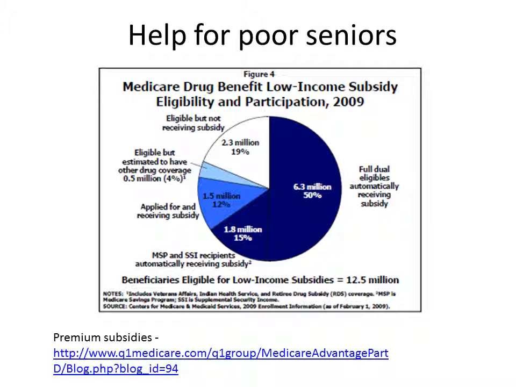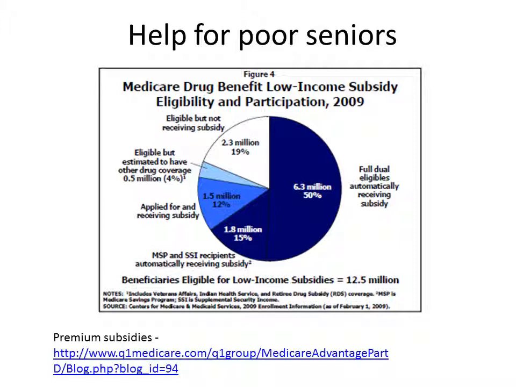Then there are people who apply for the subsidy, and then they're going to receive it. What's different between them and the dual eligibles is that they are not eligible for Medicaid, but they are people with low incomes, and so they're not automatically enrolled. They have to actually pick a particular plan.